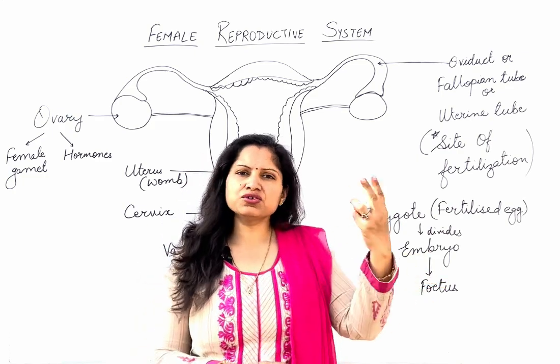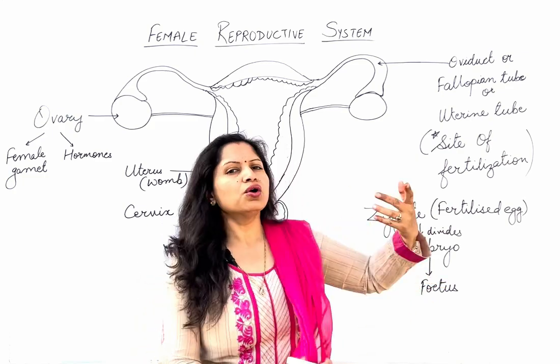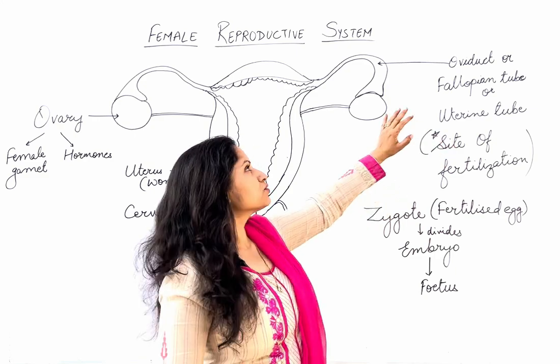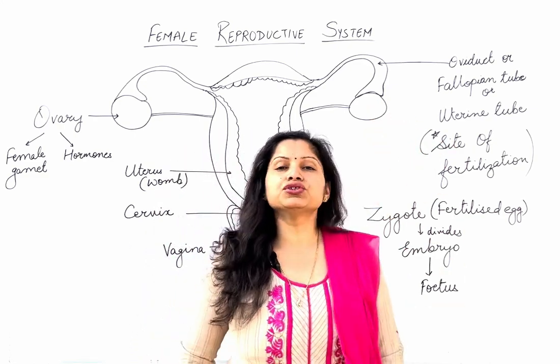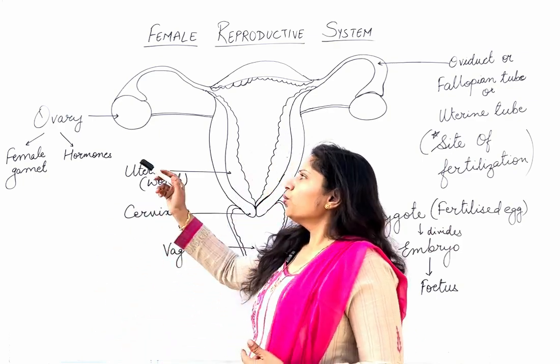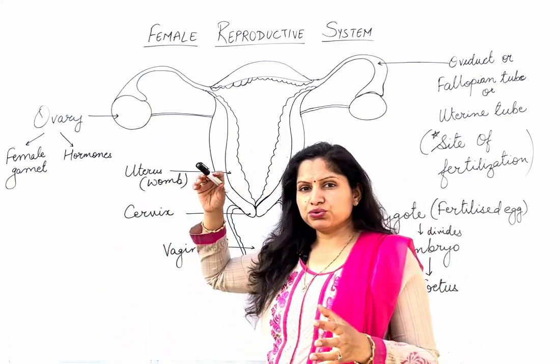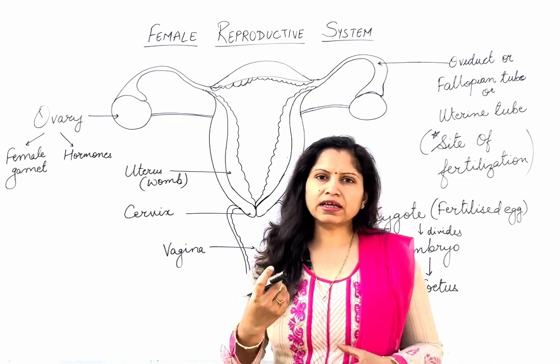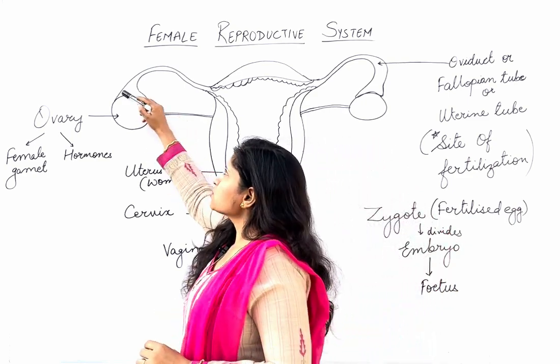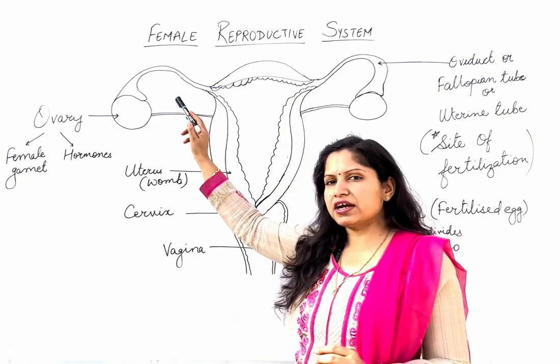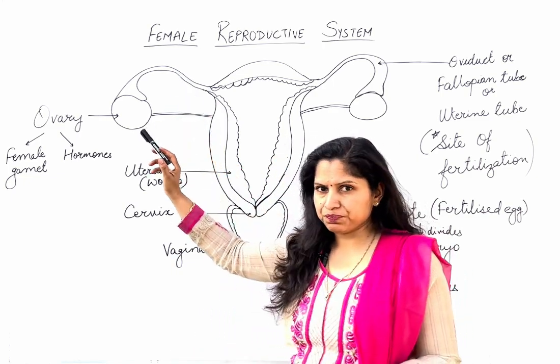Any one of the three terms you can remember. Now, when the ovary produces the ovum, the female gamete, this gamete comes into the uterine tube or fallopian tube.